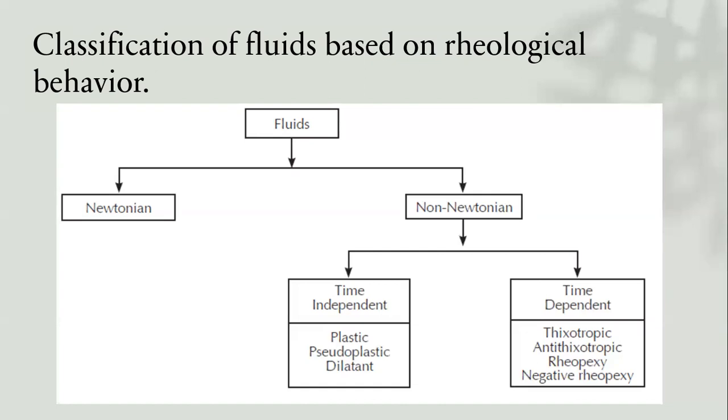A fluid or a material can be pulled apart, or you can force it together, or you can have shear, where you slide layers over one another. That is called shear. There are different types of deformation or flow behavior.